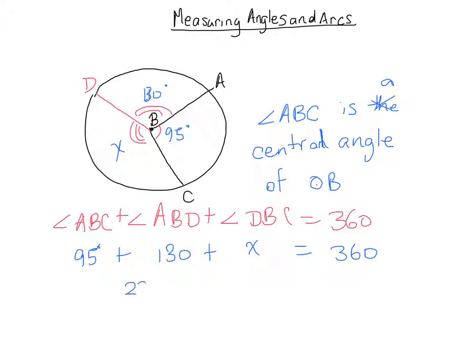So we have 225 degrees plus x degrees gives us 360 degrees. Finally, we subtract 225 from both sides and we get that x is equal to 135 degrees. We can use this information for a lot of things, and we'll see some of what we can do with this a little bit later.